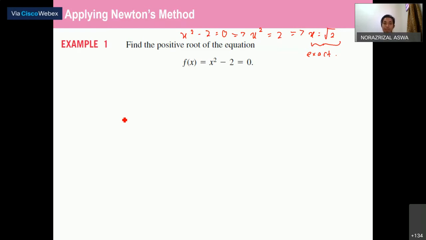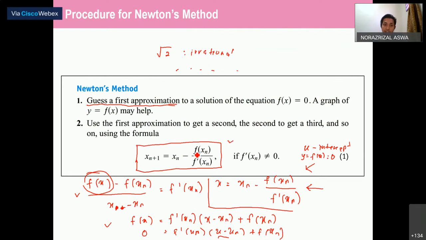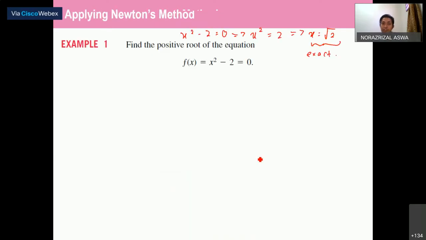This is an example you have to do on your own. So we have f(x) equal to x squared minus 2. Recall again our formula: x_{n+1} equal to x_n minus f(x_n) over f prime(x_n). Note that f prime(x_n) cannot be 0. The next thing is we already have f(x), so f(x_n) equal to x_n squared minus 2.